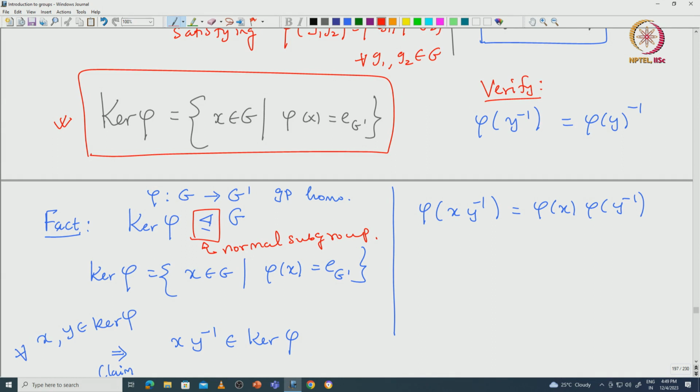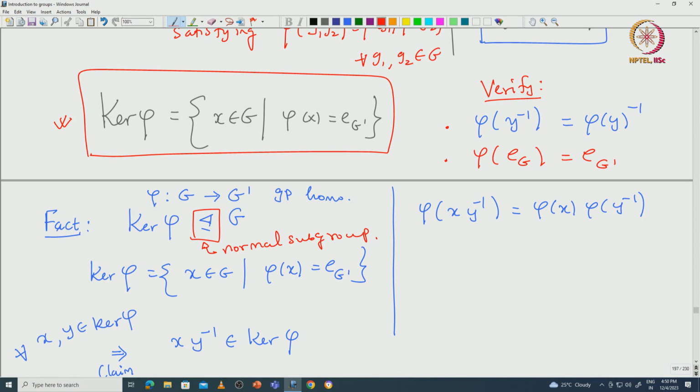If you apply the morphism phi, then phi of y times y inverse is phi of the identity, and phi of the identity must be the identity of G dash. Let me leave it to you to verify that phi of the identity of G maps to the identity of G dash, because identity times identity is identity. That tells you that phi of the identity is the identity, and phi of y inverse is the inverse of phi of y.